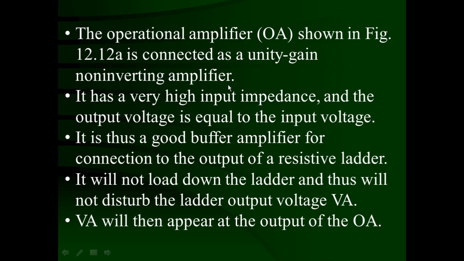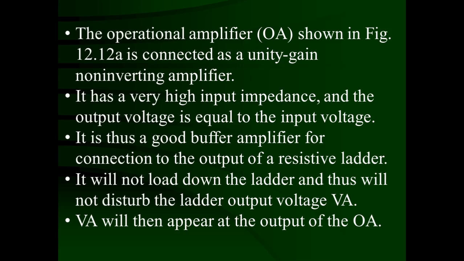So the output of this ladder network or resistive divider network can be connected to the operational amplifier, which can act like a unity gain non-inverting amplifier. What is the meaning of unity gain? Gain is equal to output voltage upon input voltage.